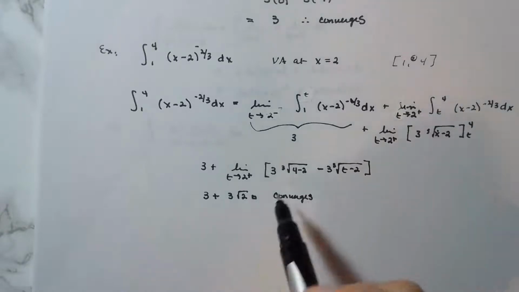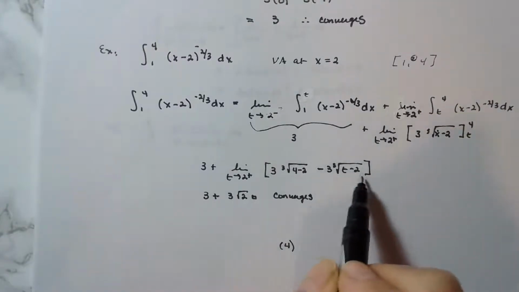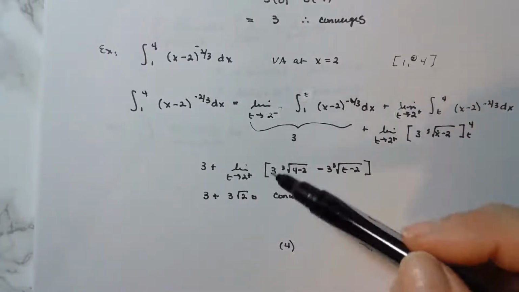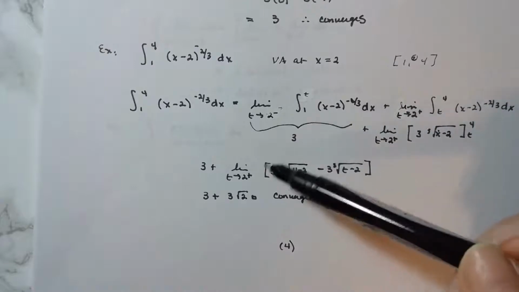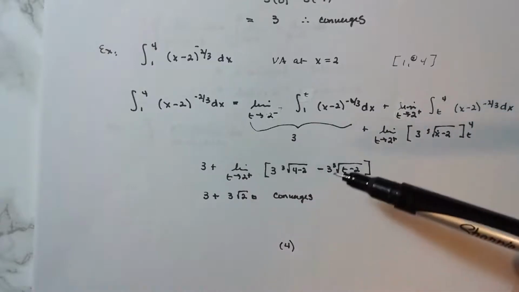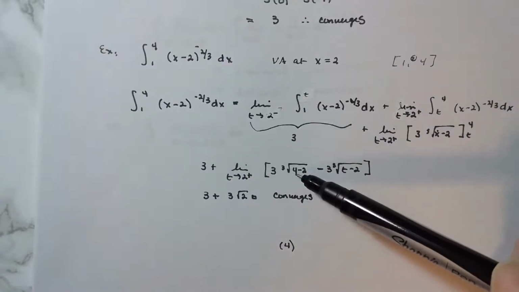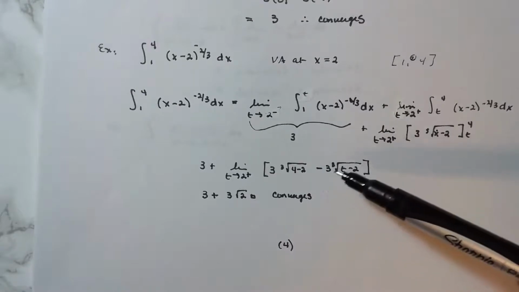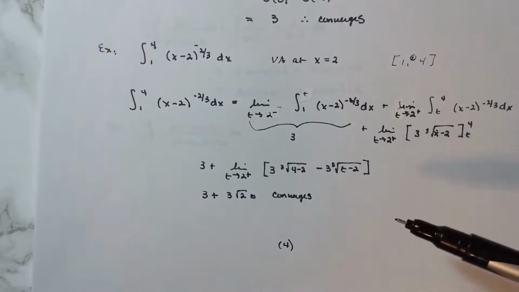Here it is a little more neatly, but with values plugged in. So if I evaluate it, I have 3 plus that limit of 3 times the cube root of 4 minus 2, so I'm replacing x with 4, minus 3 times the cube root of t minus 2.